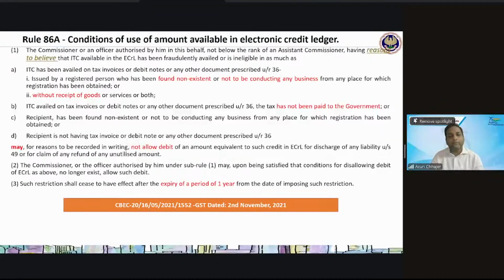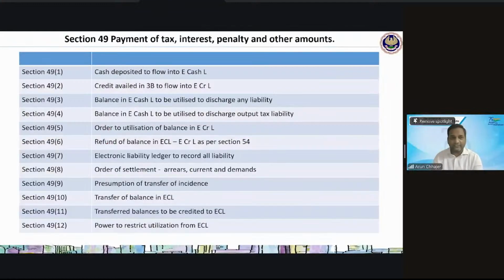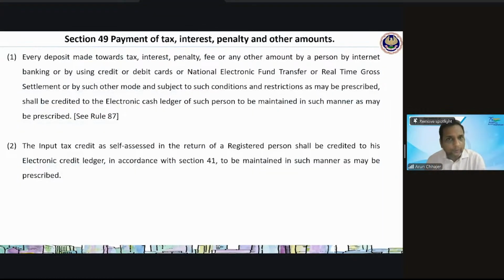Let's read some more rules also, and some sections also. These are in section 49. Now, section 49 talks about the payment of tax, interest, penalty, and other amount.